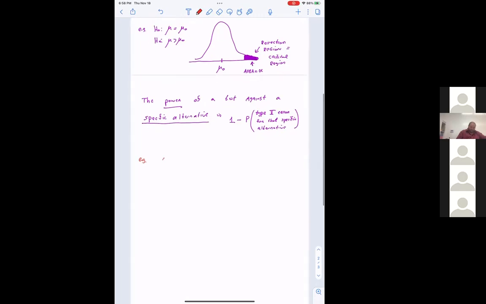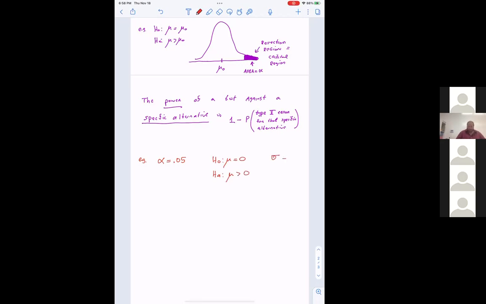We have alpha, my significance level, is 0.05. We have a situation where the null hypothesis is mu equal to 0 against the alternative where mu is strictly greater than 0.